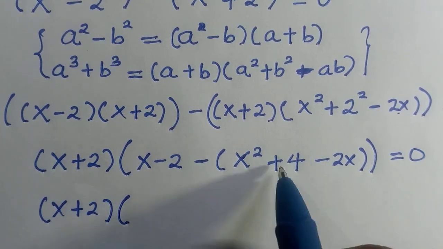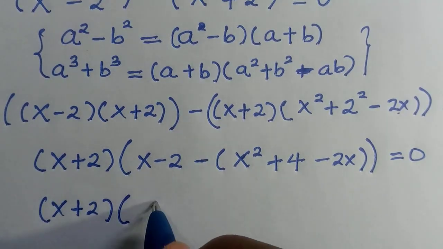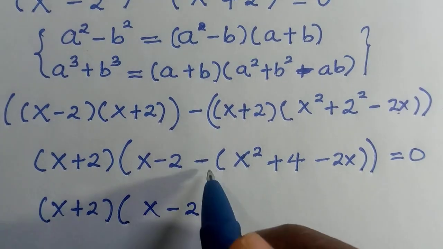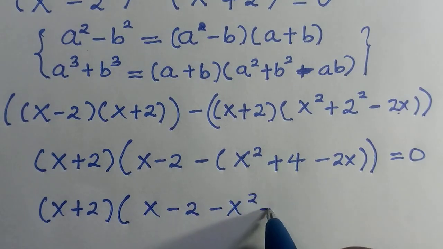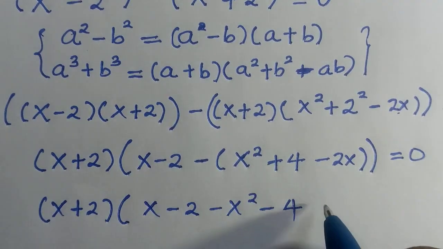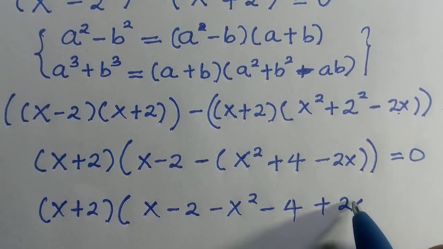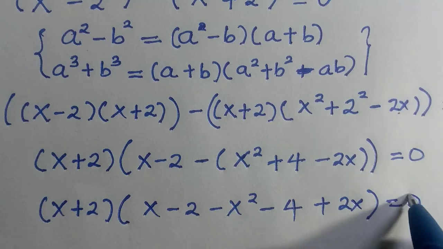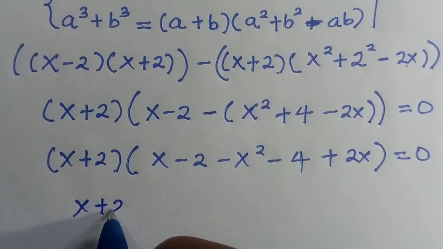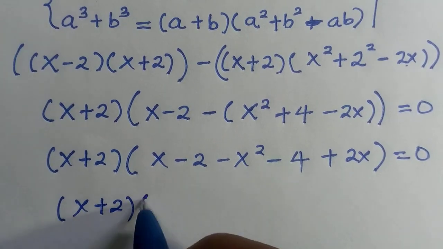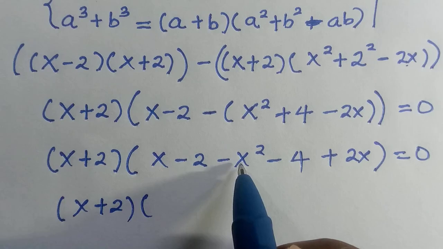So next we have this as x plus 2 in bracket, open bracket. So let's try to expand this with negative. Here is x minus 2, we have minus x squared. Minus times plus is minus 4, and minus times minus, we have plus 2x equals 0. So here is x plus 2 in bracket, open bracket. We have this as minus x squared.